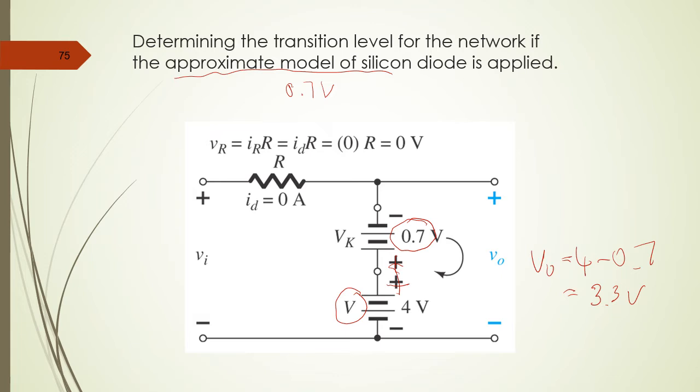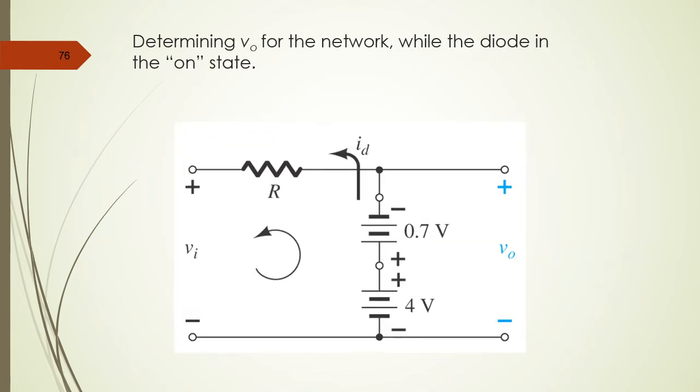So the transition level is also different. We have to take into account the voltage drop, or knee voltage, of 0.7 volt to determine the output voltage for the network while the diode is in the on state.